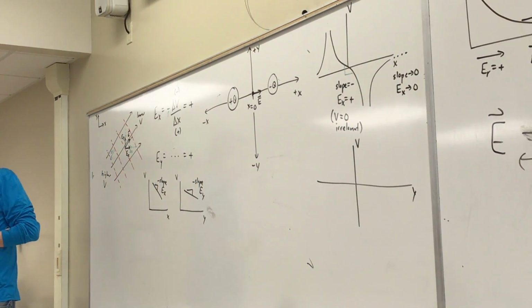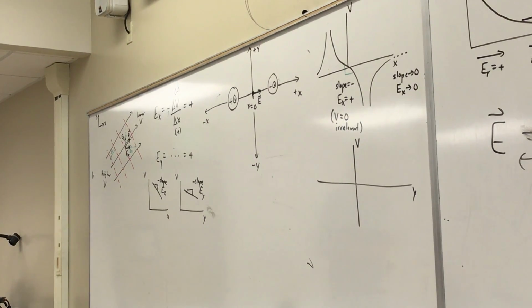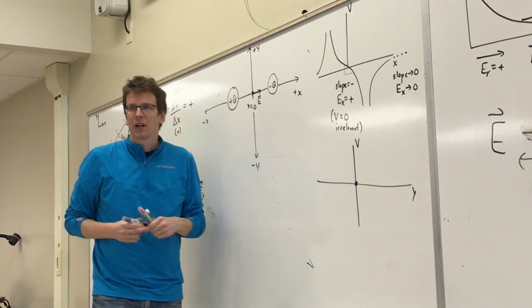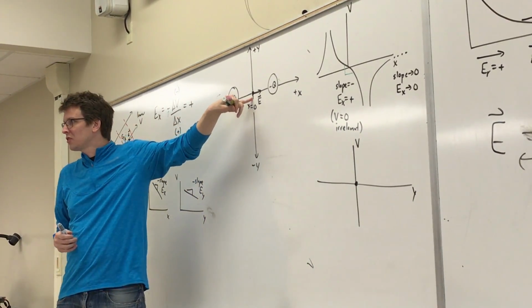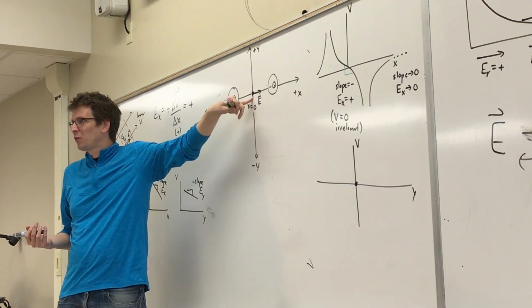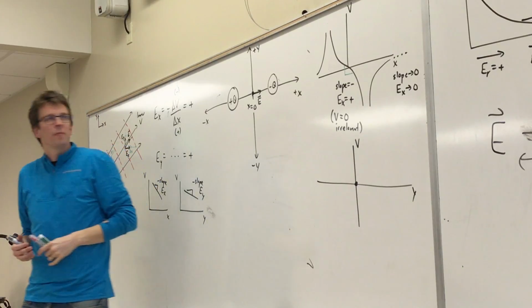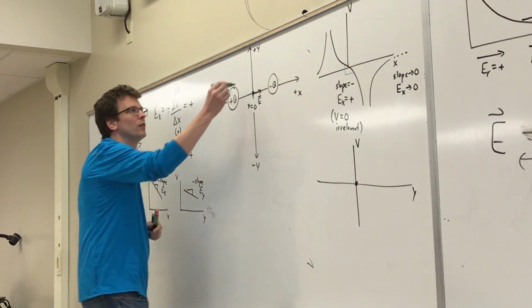One place where I'm going to start is I know the voltage already at the origin, so I already know that this is 0. Right? Doesn't matter which way I walked from, the voltage right there is 0. However, what about over here?